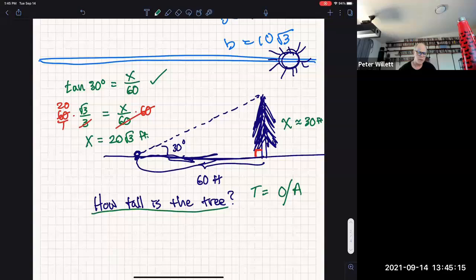So finding missing sides of triangles in the real world is a very powerful application of trigonometry. It allows you to find lengths or distances that you're not able to easily traverse yourself. You can find how far a path would be through a mountain if you're going to drill a tunnel through it, and you want to know how far we have to go.